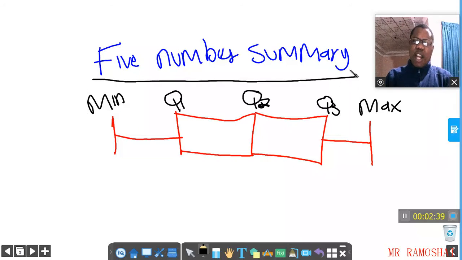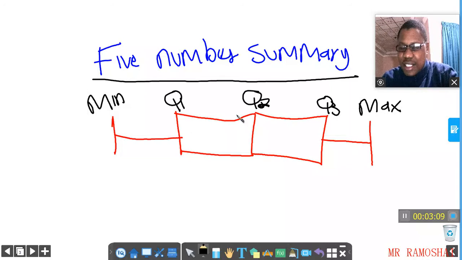So I want us to talk about percentages. Remember this, the diagram that you see here has summarized your set of data. Either your data was given as ages of people, or your data was given as percentage marks. You understand?